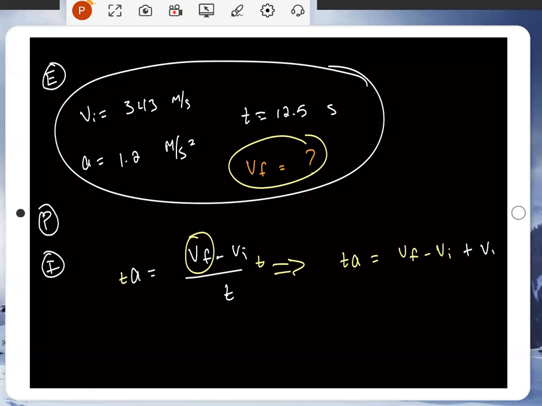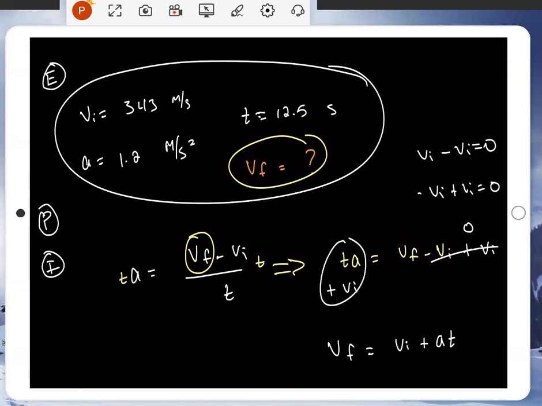Oh, yeah. Good. Because of course, you can rewrite this as minus vi plus vi, which is 0. And then you're left with vf equals vi plus at, which is usually how it's written. Notice I've just moved things around and even switched the sides, but it doesn't matter. Hopefully that wasn't confusing going from here to here.